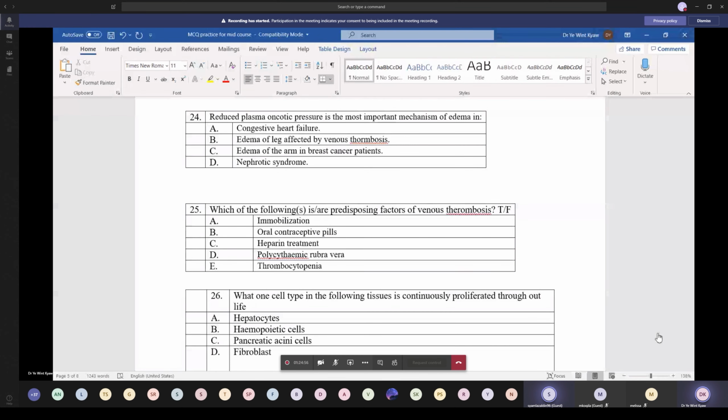What's the difference between vasodilation, endothelial contraction, and endothelial retraction? Isn't it that all of these will cause increased permeability of the blood vessel? Endothelial contraction and retraction lead to edema because they cause leakage of fluid to the interstitium. They are for edema, and the cells can also transfer through, but mainly they are for edema.